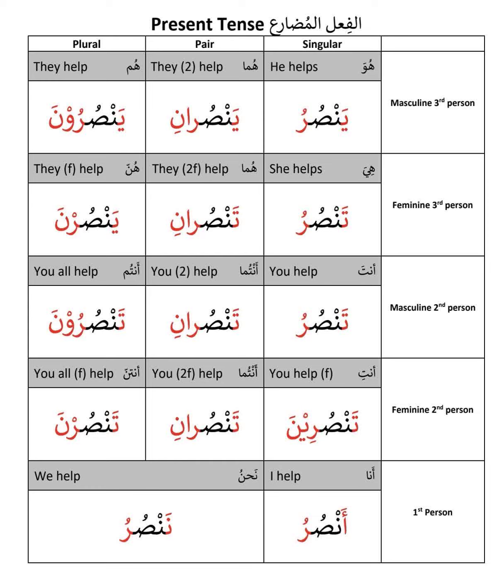Then you will memorize. Here, a little important thing to note is that the hiya version tansuru and the anta version also tansuru. Both look the same. So in the Quran, if you see tansuru, you don't know whether it is referring to a female or to a you. But in the Quran it is very clear.